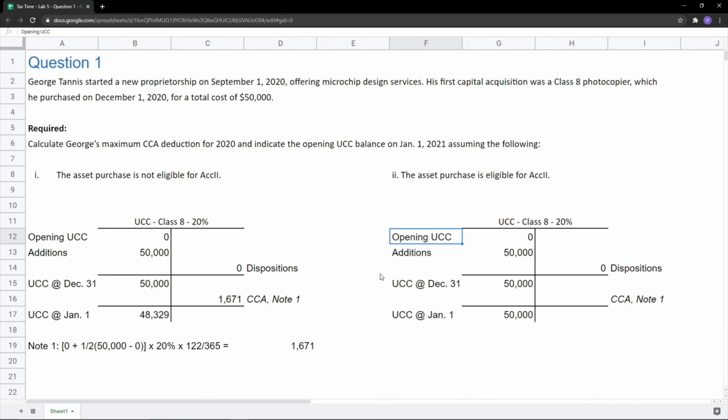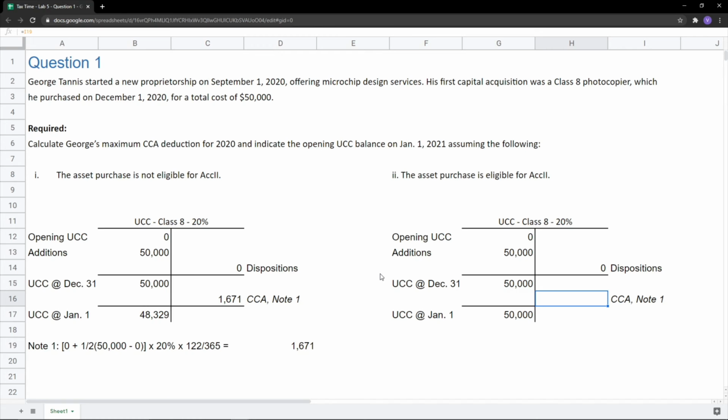Our opening UCC is still 0. This is the first year of business for the proprietorship. And our additions are 50,000 and our dispositions were 0 during the period. So our undepreciated capital cost on December 31st is going to be $50,000.